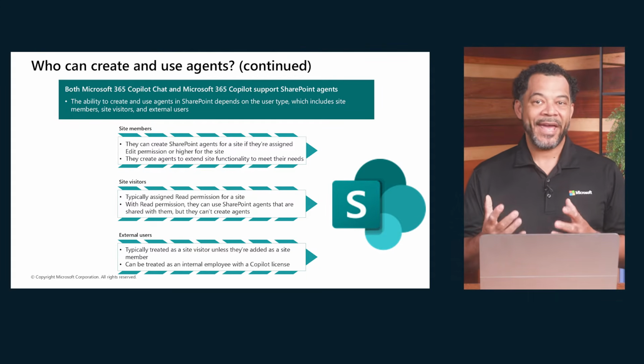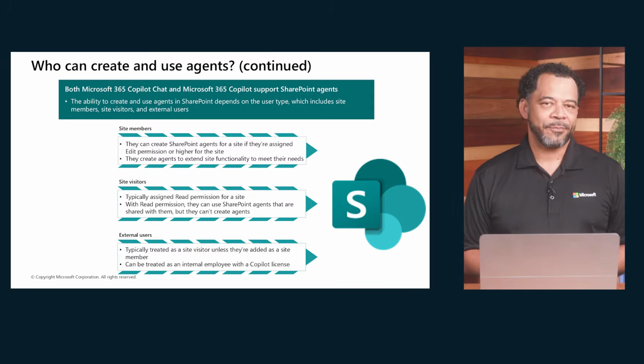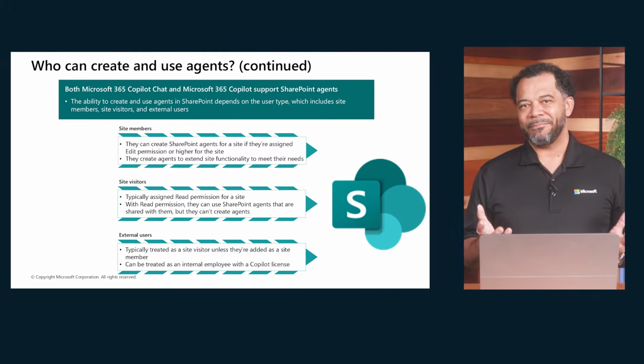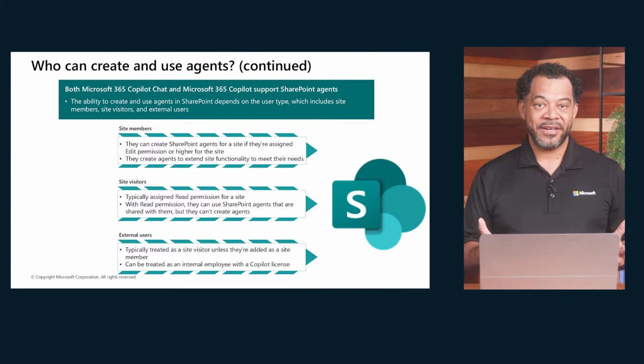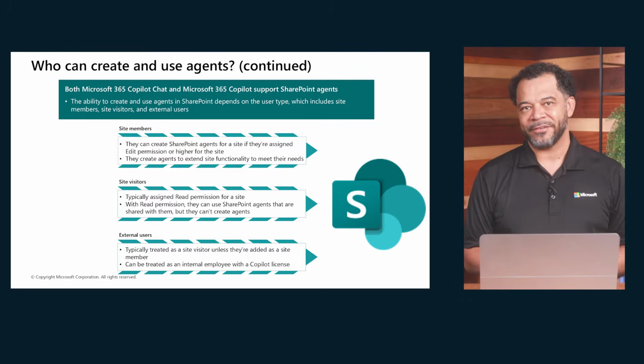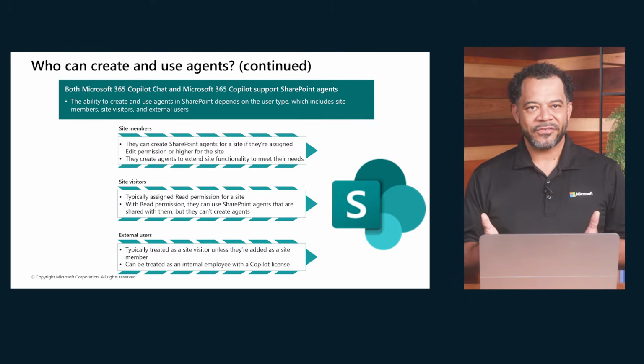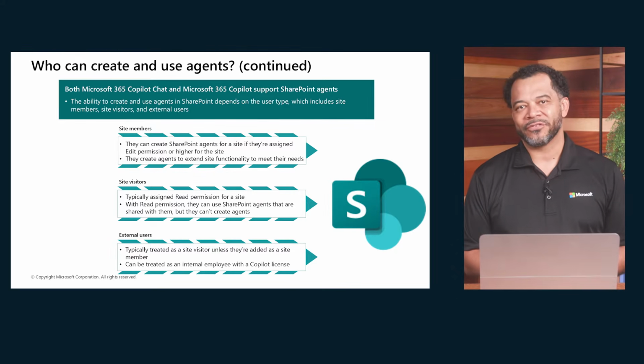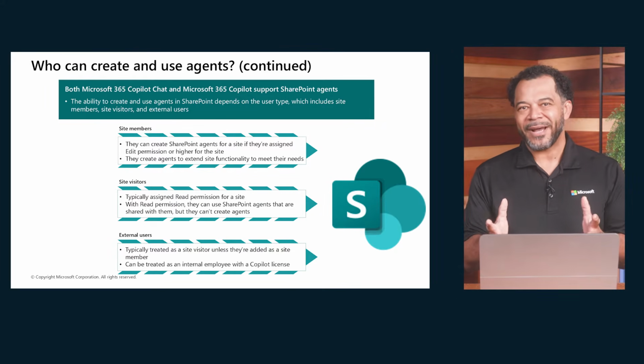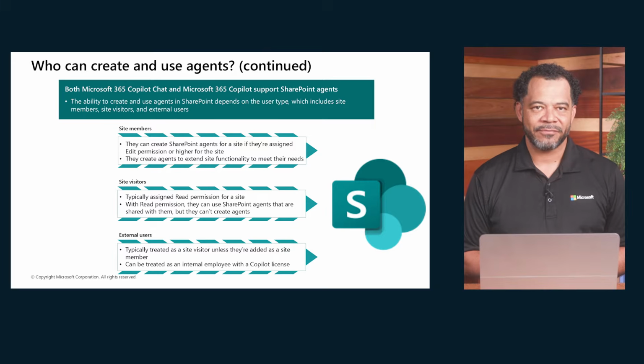These are users who have edit permissions or higher on a SharePoint site. If you're a site member, you can create agents that extend the functionality of that actual site. That means you can build agents that help with tasks like answering questions about site content, organizing documents, or even guiding users through workflows. You're essentially customizing the site experience for yourself and others.